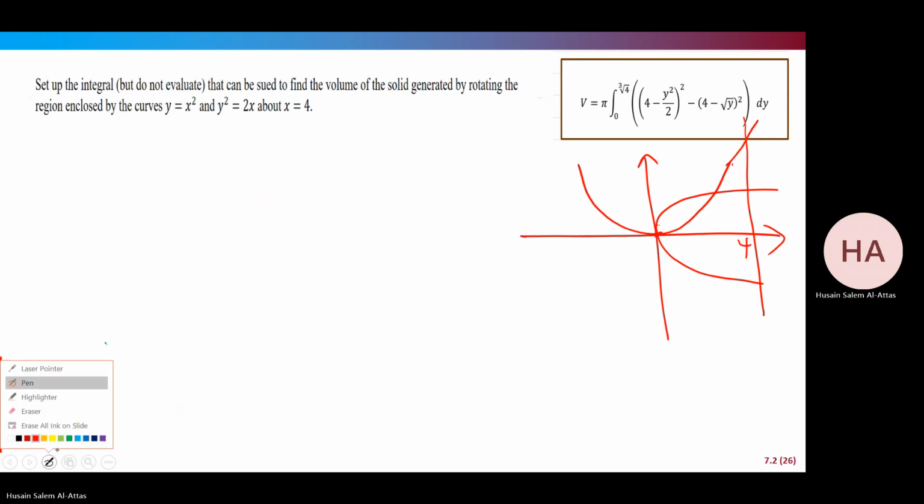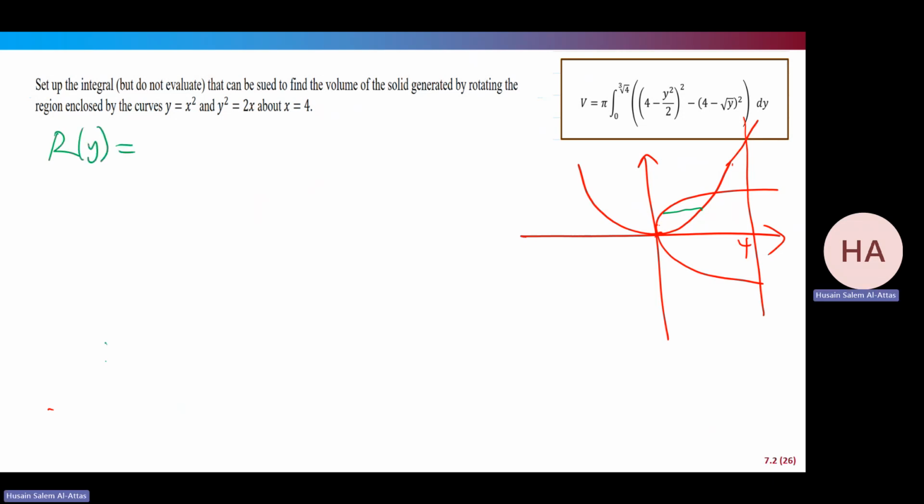So this will be the line. But be careful. What will be capital R of y? In this case, it will be 4 minus the outer, which is this.